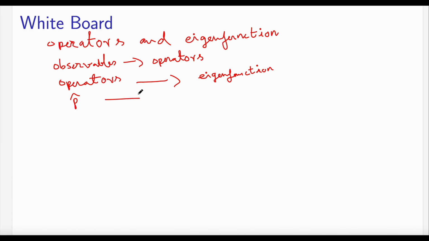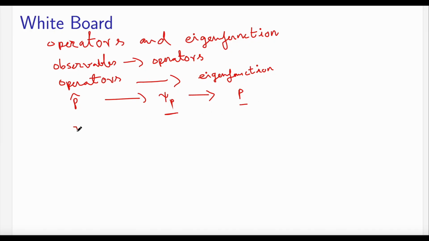Corresponding to that we can have a momentum eigenfunction denoted by psi p. And what is its significance? If you do a measurement of the particle in this state psi p, then you always get p. Always you will measure that the particle has a momentum p.